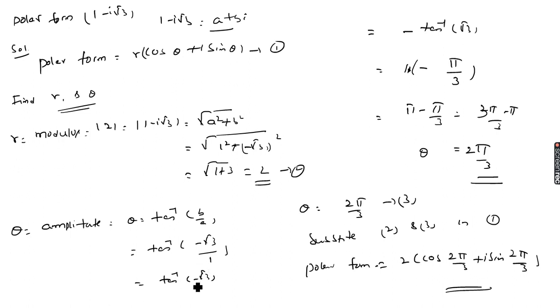If we have a minus sign, we subtract from pi, so we get pi minus tan inverse root 3. Root 3 is tan 60, 60 can be written as pi by 3, and we simplify, we get 2 pi by 3. So substitute 2 and 3 in 1, we get the polar form equal to 2 into cos 2 pi by 3 plus i sin 2 pi by 3.